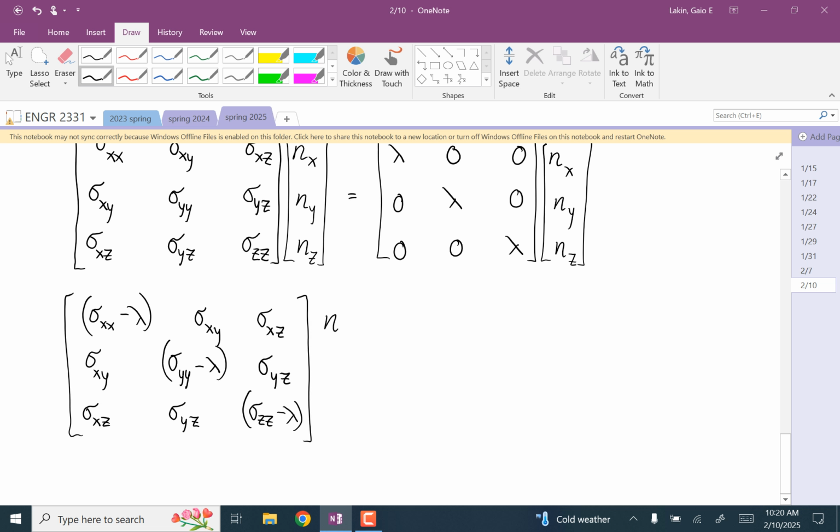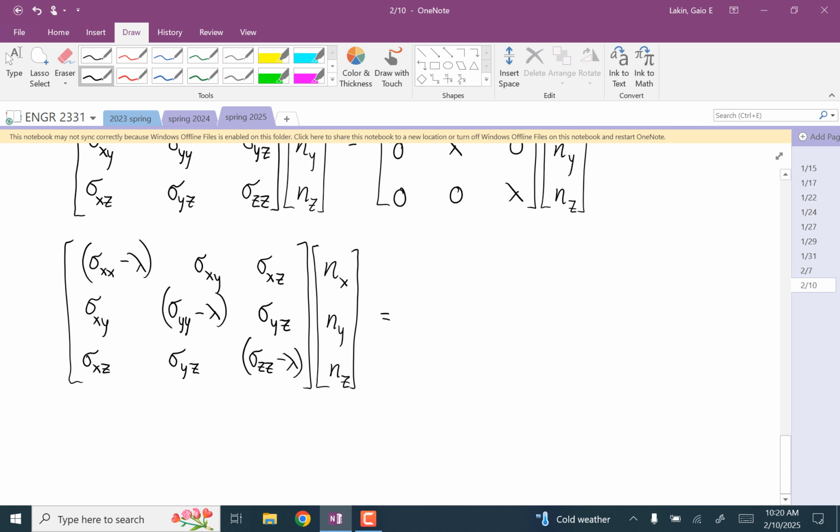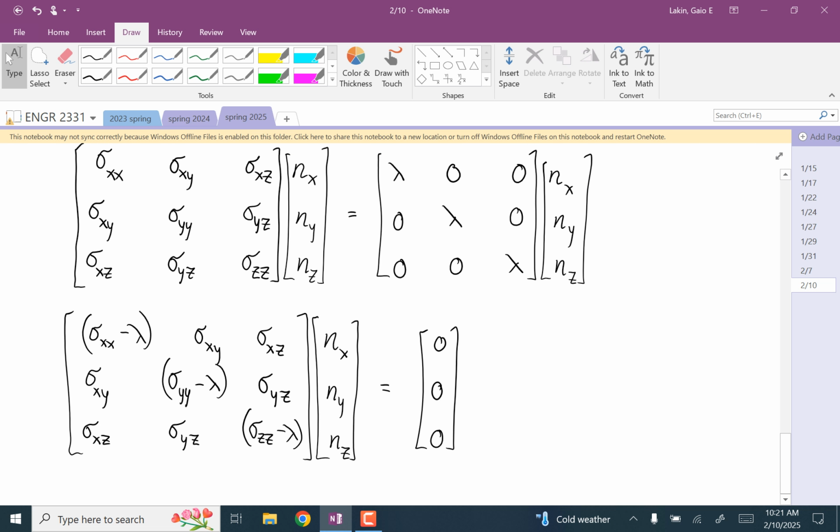And then we're multiplying this by nx, ny, and nz. And we've done this by subtracting what's on the right side from both sides. So now this is just zeros. You see how that worked? Because you can just subtract element by element.